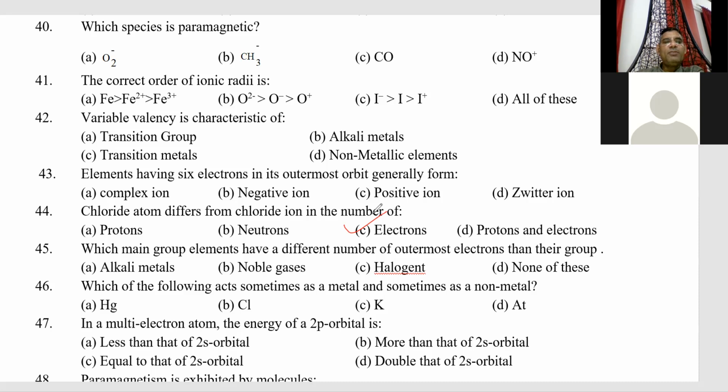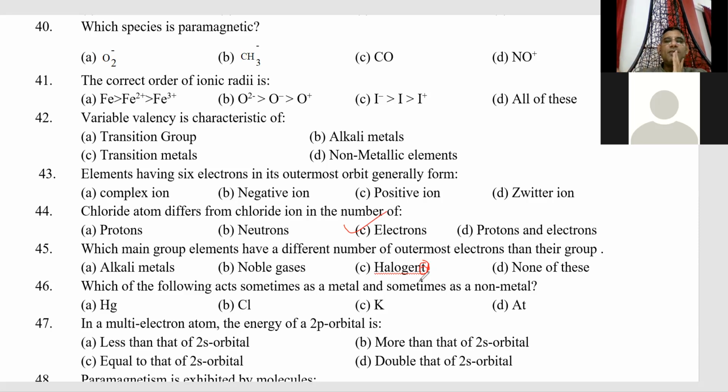Question 45: Which main group elements have a different number of outermost electrons than their group? Here, by mistake, halogen is written, so it is not the answer.